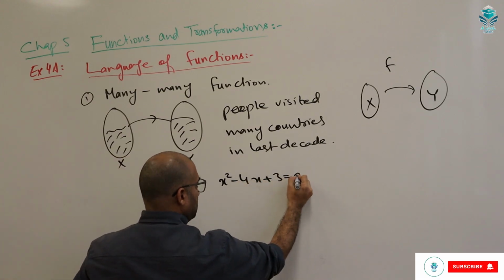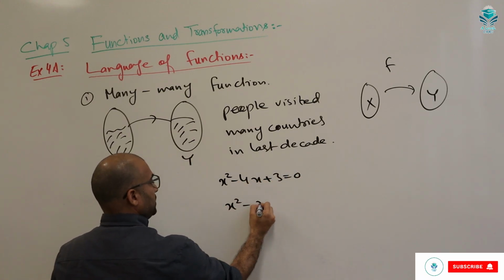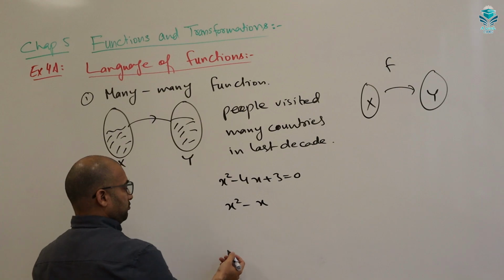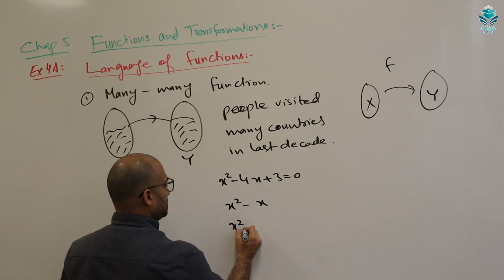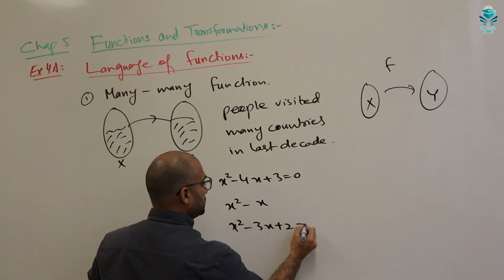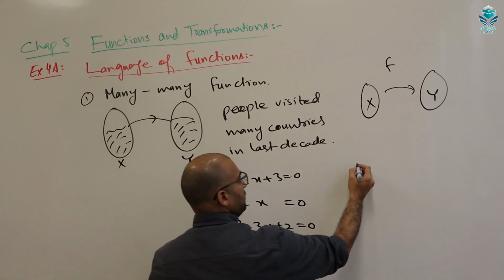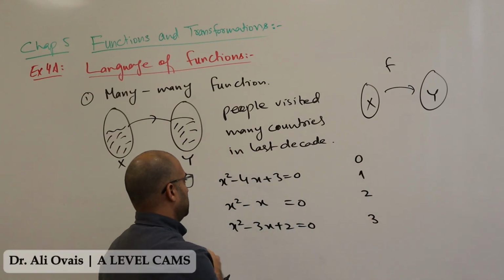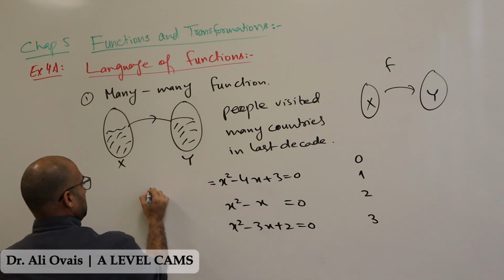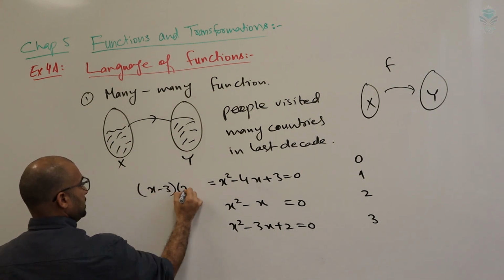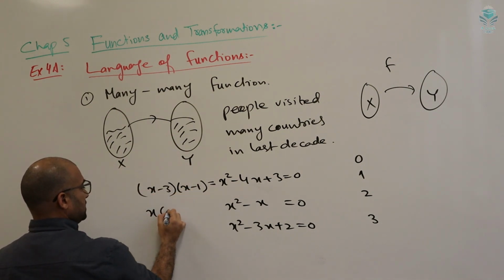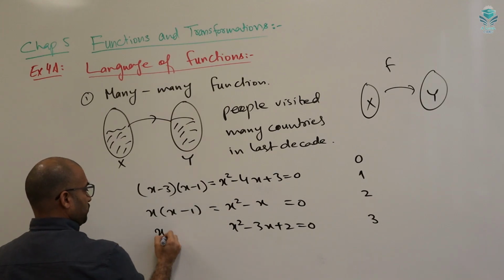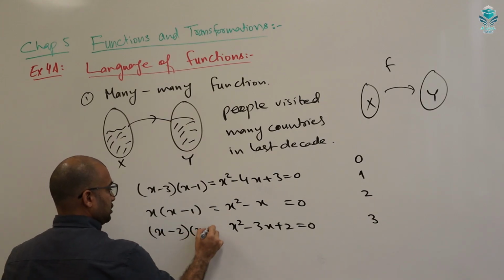minus 4x plus 3, x square minus x, and another equation, maybe x square minus 3x plus 2. And we have the numbers 0, 1, 2, 3. So it has factors x minus 3 and x minus 1.